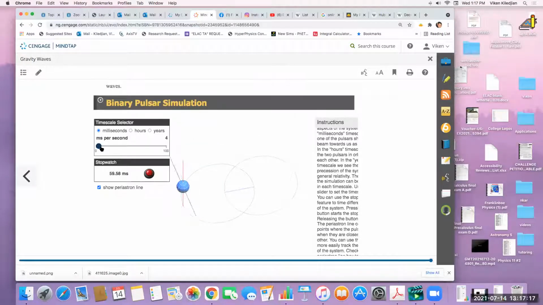Okay, so basically we would need to take how many pictures here? We would slow it down. So when it comes towards us, hold on. Right there.